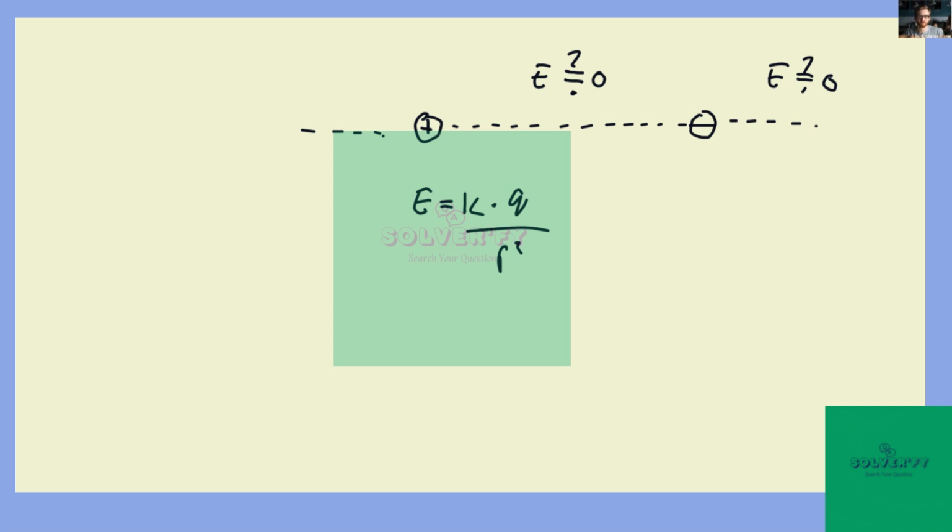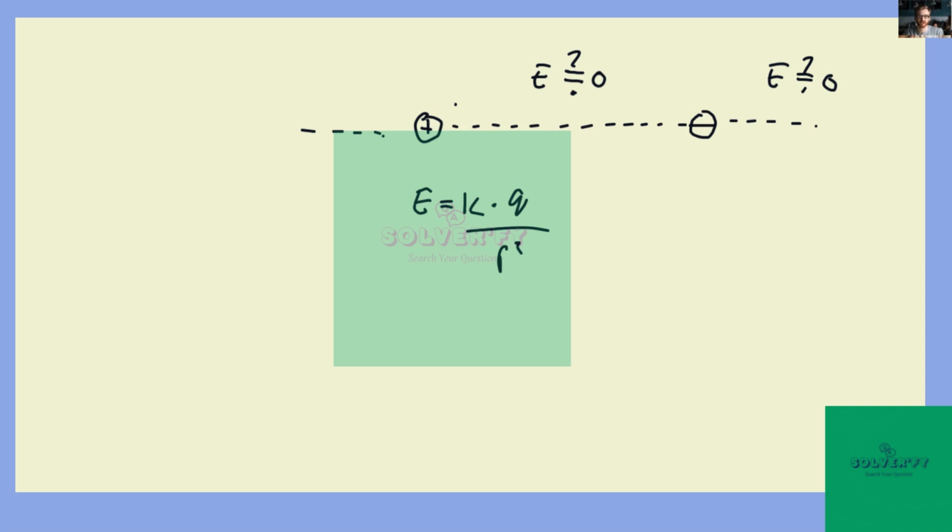Meaning if we're really close to this charge, the electric field is stronger than if we're really far away from the charge. So if I start here and I start walking to the right, the electric field I'm experiencing decreases over time. And for one, it decreases with the square of the distance, which means it drops off really rapidly.